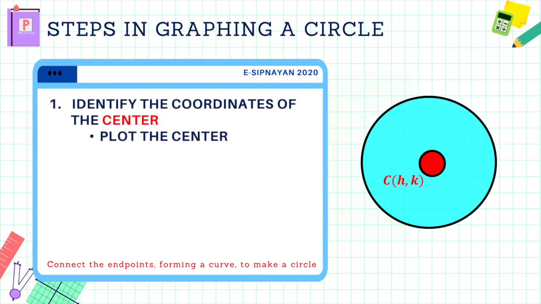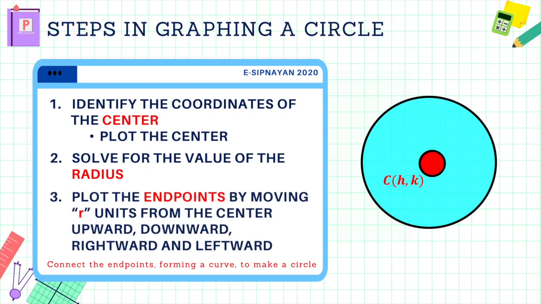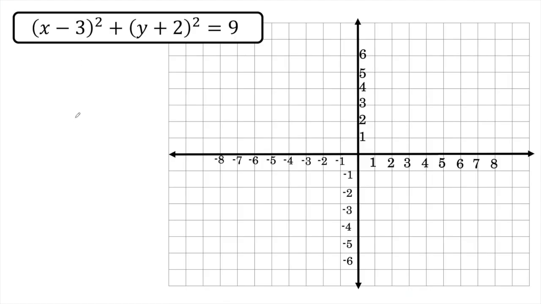So number 1, we have to identify the coordinate of the center and then solve for the value of the radius so that we can identify the 4 points or the 4 endpoints that we need to construct. So we have here the equation, the quantity of x minus 3 squared plus y plus 2 squared is equal to 9.